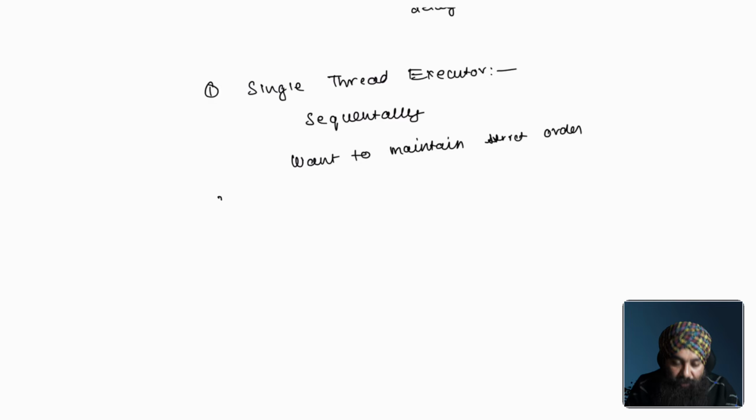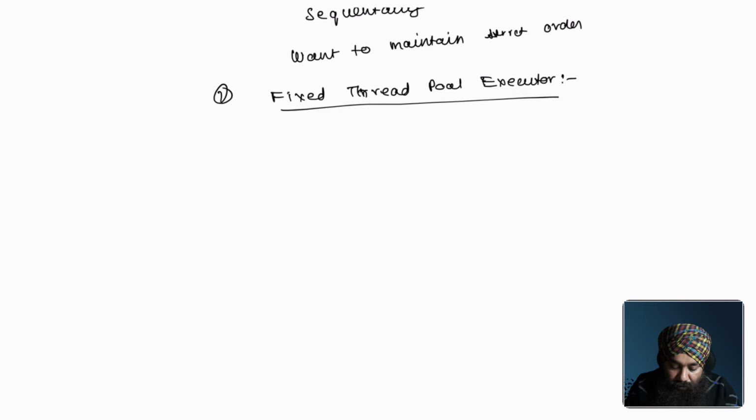Then there is the more useful product which we can use more commonly in the industry, the fixed thread pool executor. When you initialize the thread pool executor, you initialize the size of the thread pool. You can say 10, 20, 50, 100,000, whatever the capacity of your system allows. Then whatever tasks, callables or runnables you give it, it will execute within that capacity.